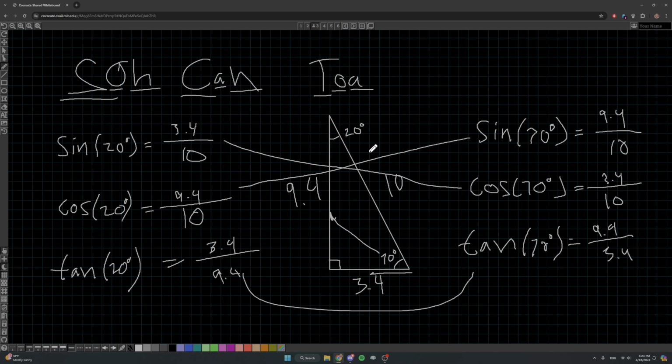If you're 20 degrees, your two adjacent sides are your hypotenuse and your other adjacent side, and then you've got your opposite. So you have to remember that your adjacent side is the one that's not your opposite and not your hypotenuse. It's that third side of the triangle that we haven't touched.